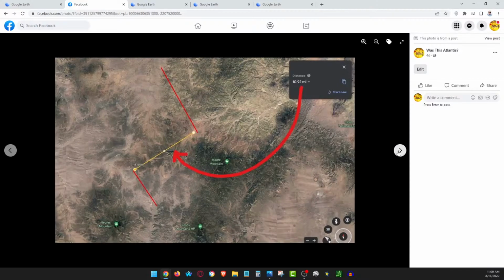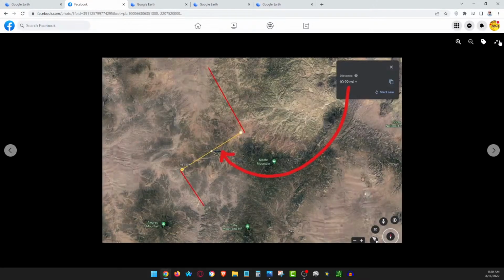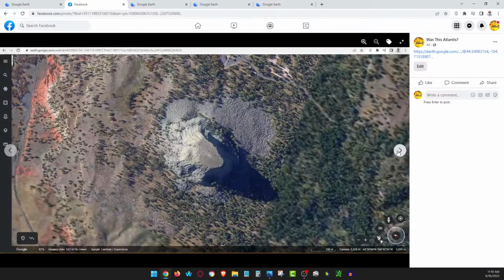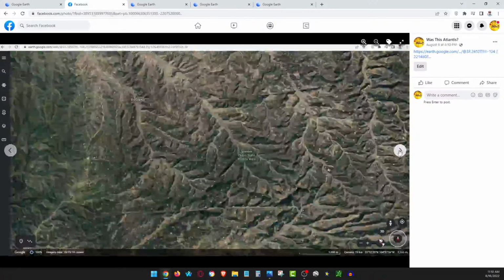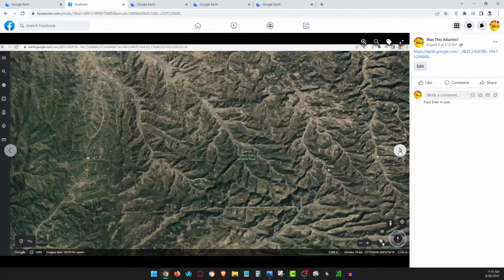Let me see how I can make this bigger. Okay, well, anyways, I even think Devil's Tower might be part of this ancient megalithic terraforming. Here's some more up in Colorado, parallel lines.